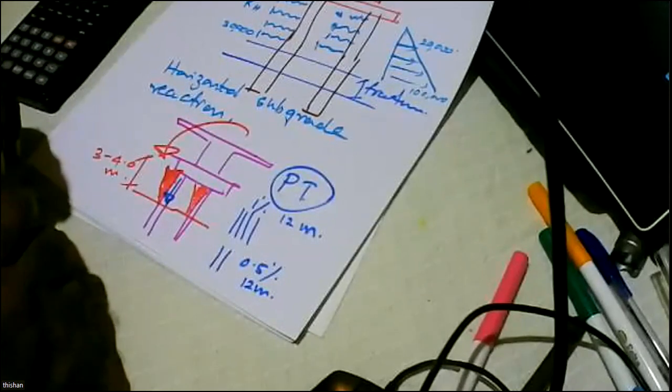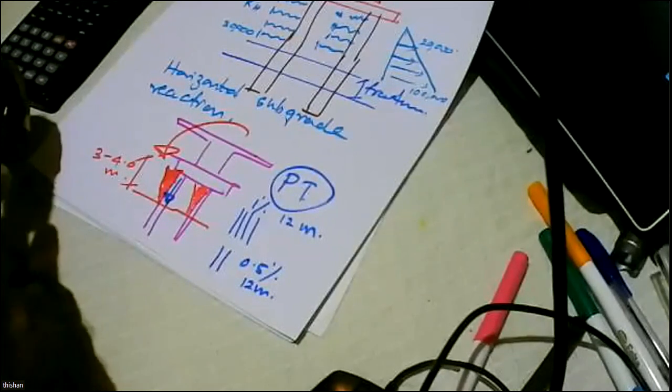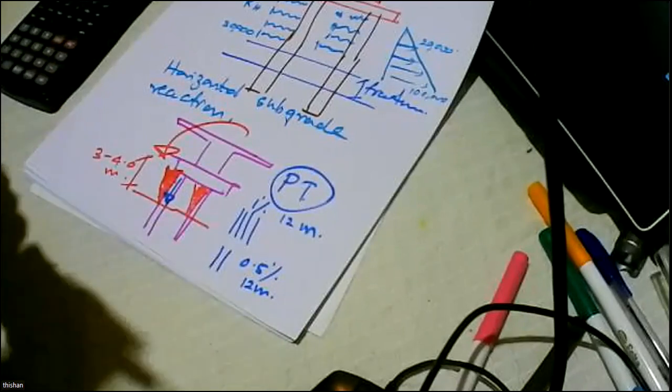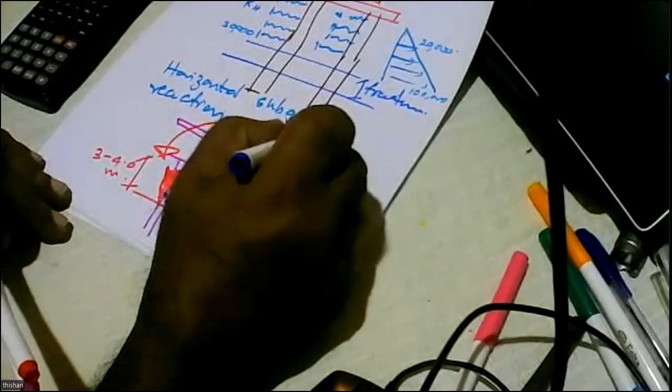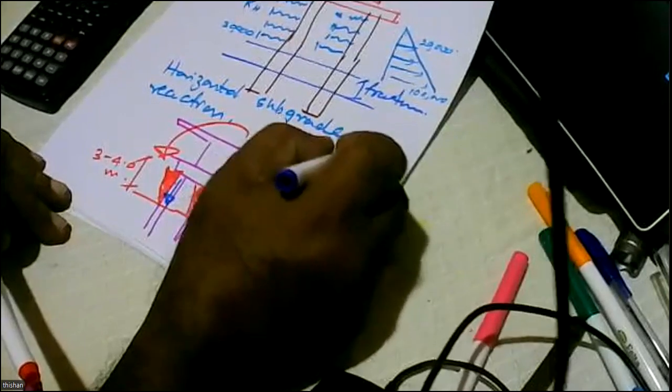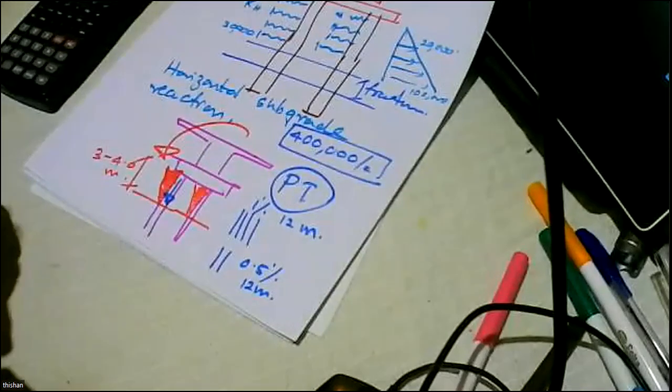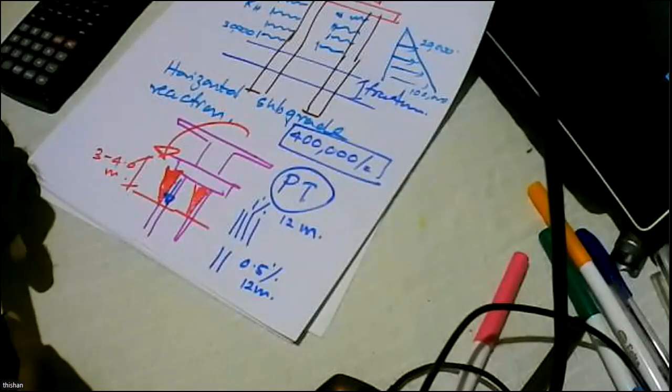Because these days steel reinforcement is pretty expensive, running close to 400,000 rupees per ton. So the reinforcement cost is around 400,000.